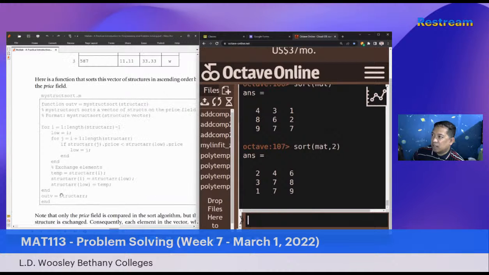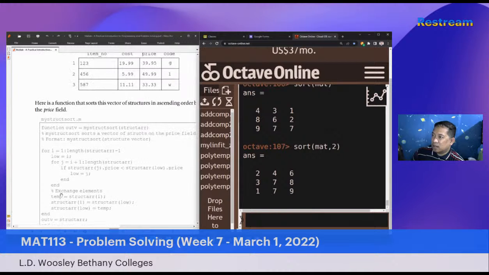Again, I'll be leaving this function to our students, no? Looking at my struct sort.m.